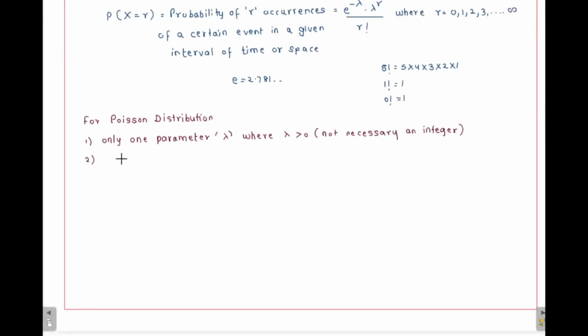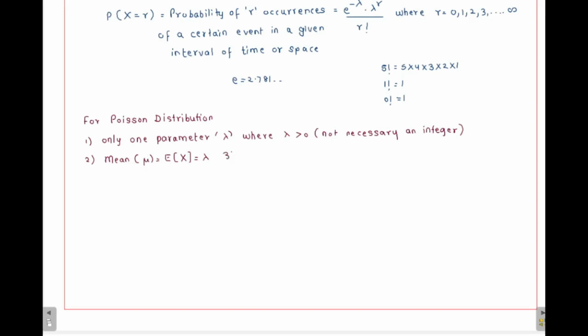The second point is that the mean, which we represent by the letter mu or E of x, is equal to lambda.